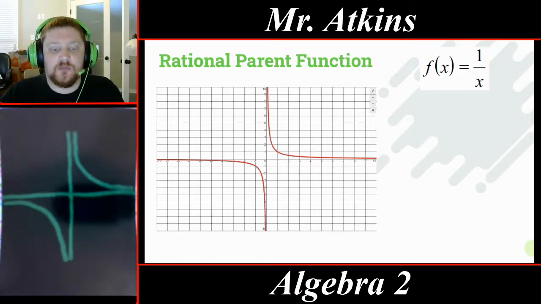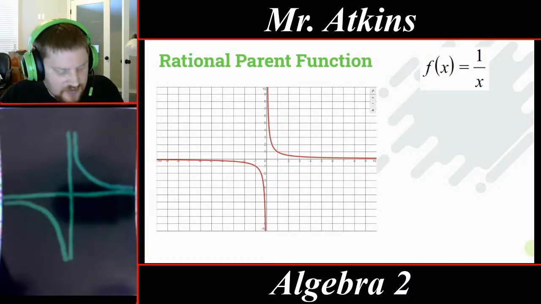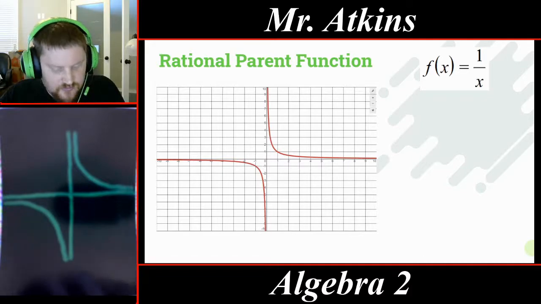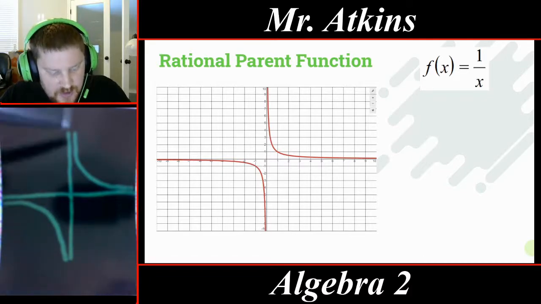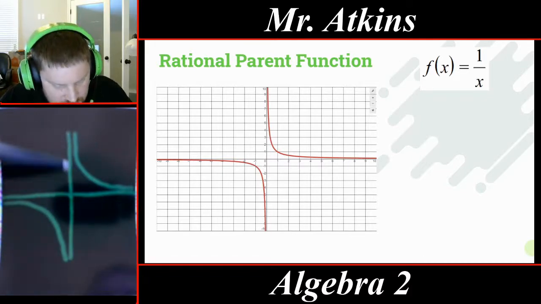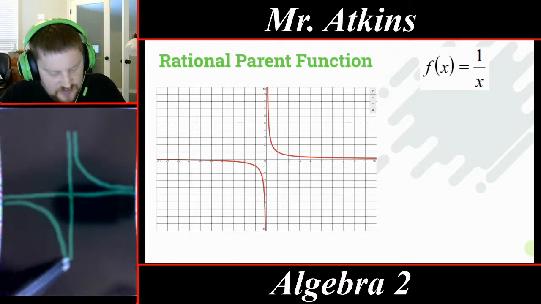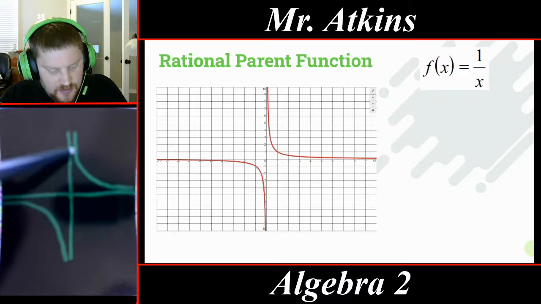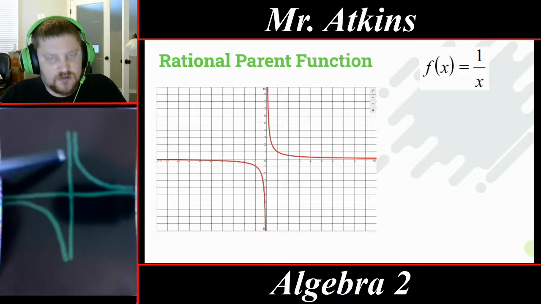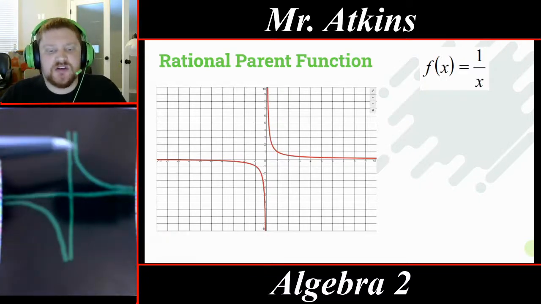So that means our domain goes from negative infinity to infinity, but you might remember that there's also this vertical asymptote here. As we go to negative infinity, we get close to 0, and as we go to positive infinity on the other side, we get close to 0, but it never touches it.